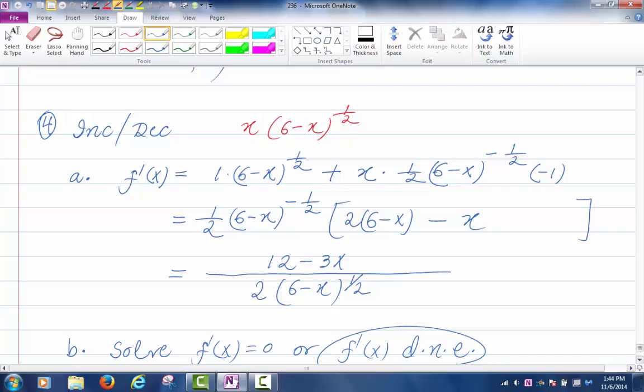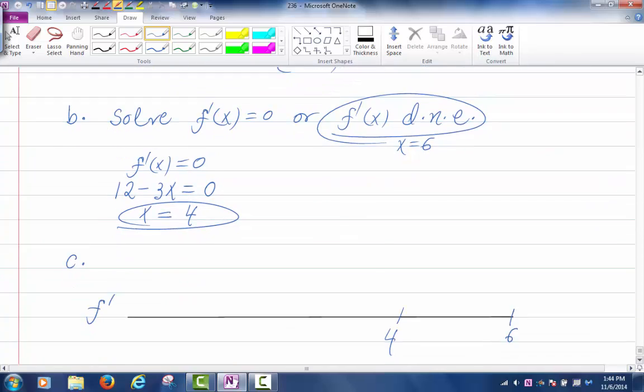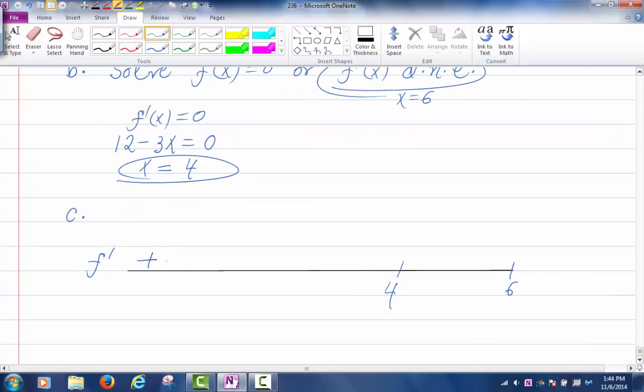The denominator is positive. So whether the derivative is positive or negative depends on 12 minus 3x. Now, if x is less than 4, is 12 minus 3x positive or negative? For example, if x is 0, it's positive, right? So when x is less than 4, the derivative is positive. And therefore, I have positive throughout here.